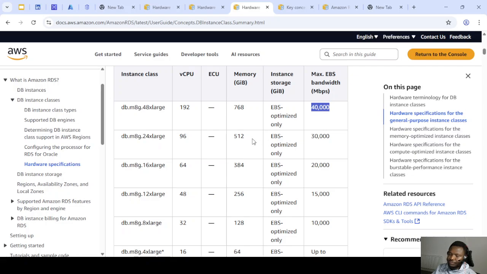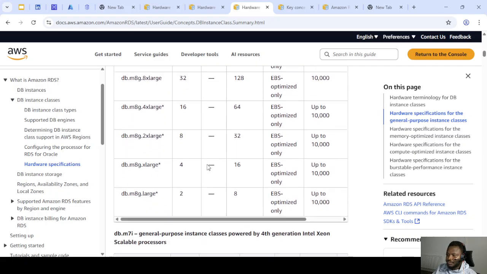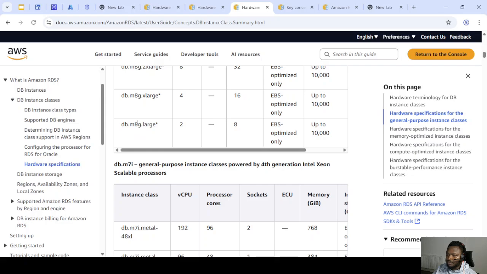This is very crucial for database administrators to understand. If you decide to go for your M class, which of the M classes do you actually want to use? You see the lowest here, M8G large, that gives you 2 vCPUs and 8 GB of RAM, then up to 10,000 bandwidth.